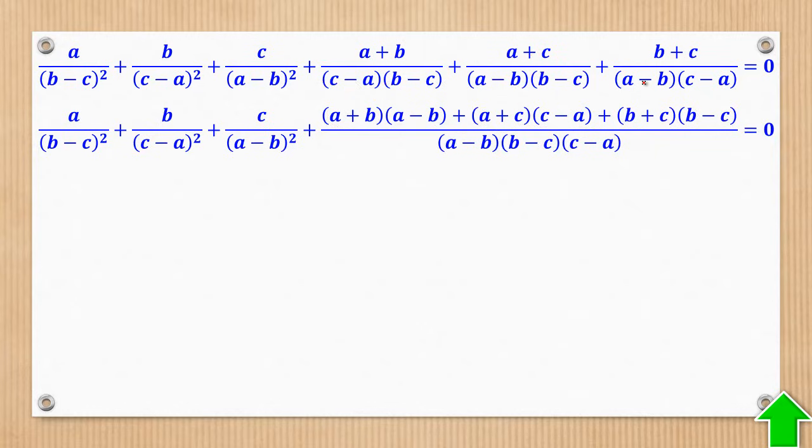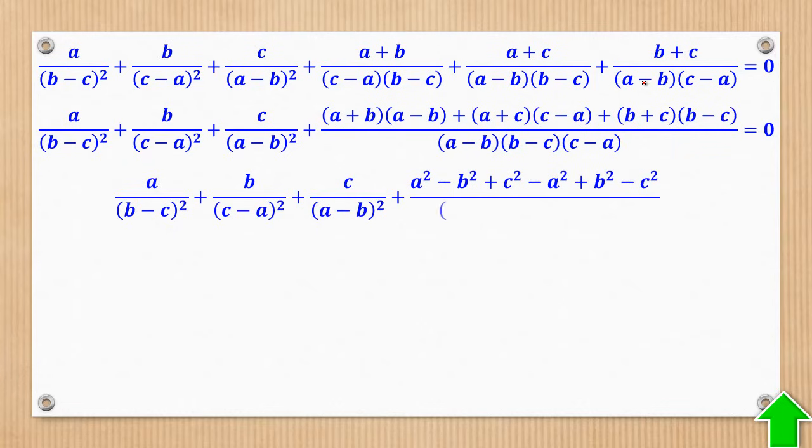In all, you realize that there is a difference of 2 squares. Difference of 2 squares, A squared minus B squared here. Difference of 2 squares, C squared minus A squared here. Difference of 2 squares, B squared minus C squared. Okay, then let's see what cancels. This goes with this.